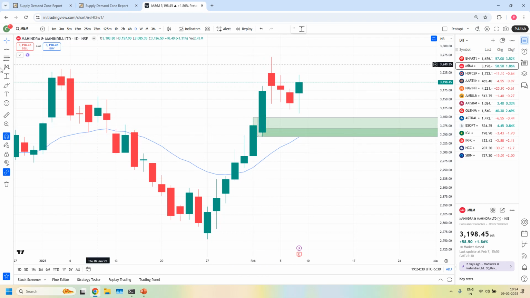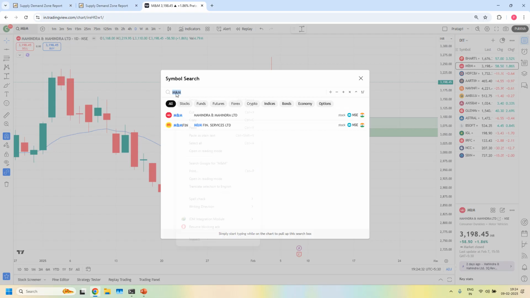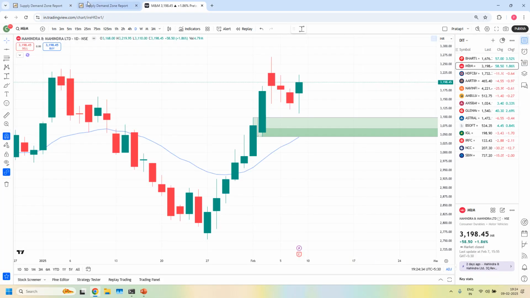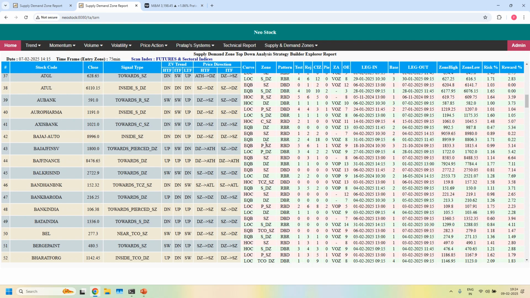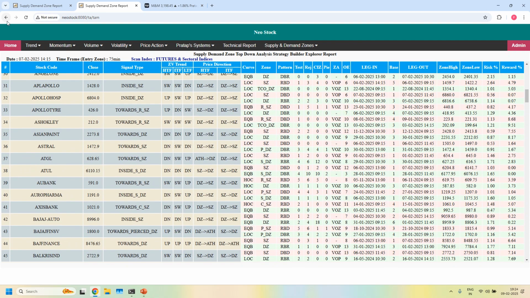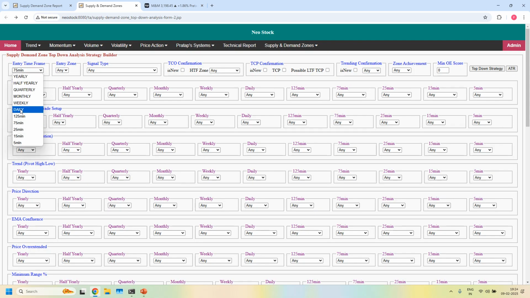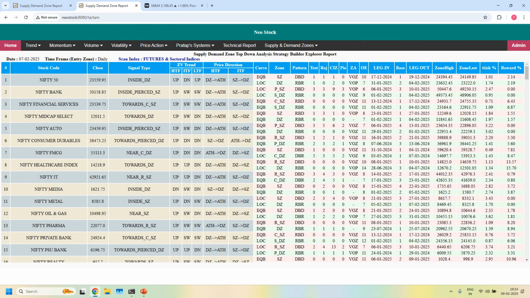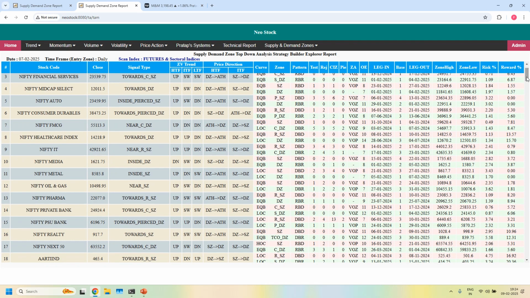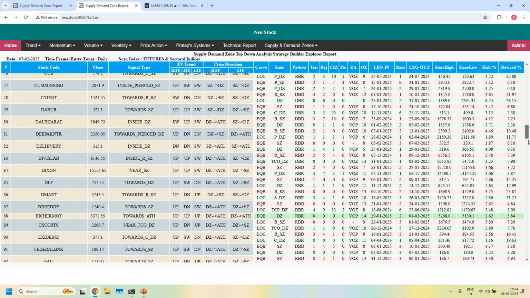Let us check how exactly these daily zones are there for M&M, what our software is suggesting. So I am selecting the daily time frame. Okay. In the daily time frame for M&M, all these are daily zones.